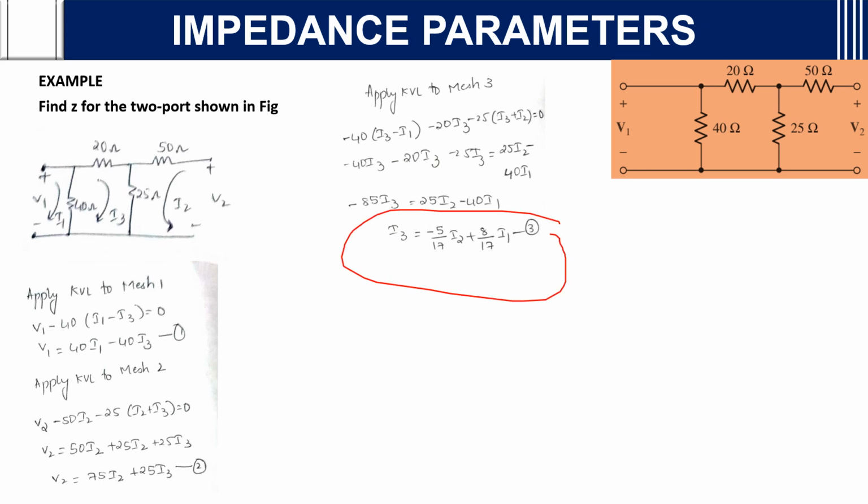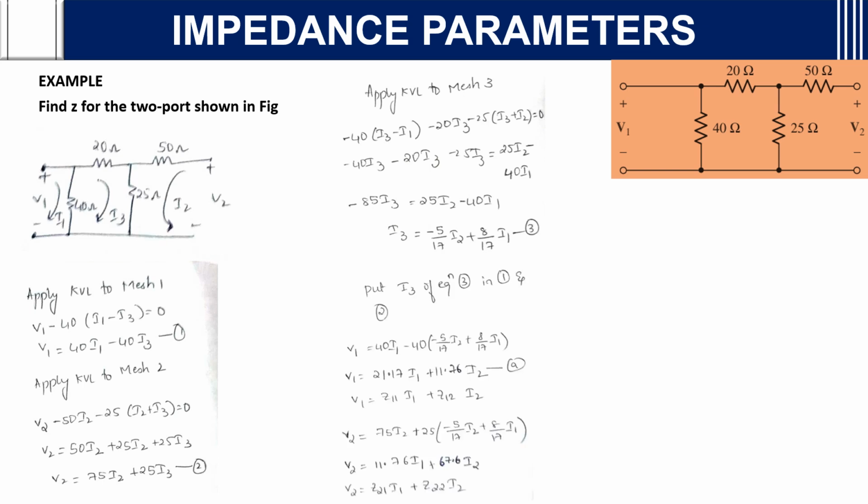Substitute this in the two equations, and you will get them in terms of I1 and I2 only. Then V1 is 21.17 I1 plus 11.76 I2, and V2 is 11.76 I1 plus 67.6 I2. Comparing with the general parameter equations, Z11 is 21.17, Z12 is 11.76, Z21 is 11.76, and Z22 is 67.6 ohms.